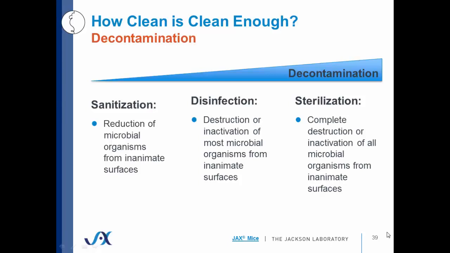Sanitization is the reduction of microbial organisms from inanimate surfaces, and disinfection includes the destruction or inactivation of most microbial organisms from inanimate surfaces. And finally, there's sterilization, which is the complete destruction or inactivation of all microbial organisms from inanimate surfaces. There are many methods used to decontaminate objects, including chemical and physical means, but all of these are determined based on what objects need to be decontaminated.